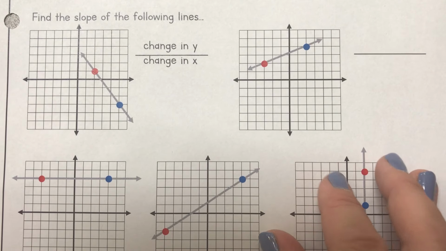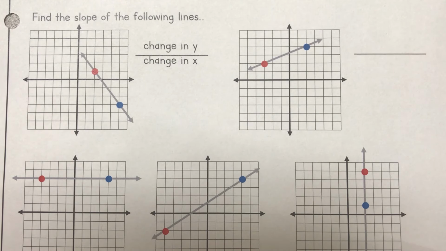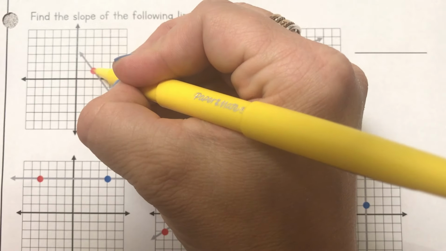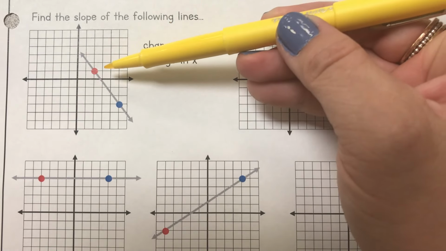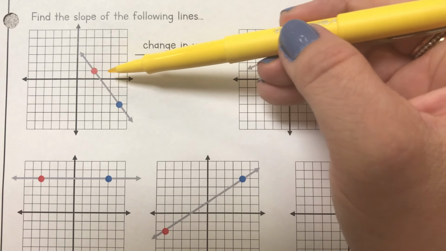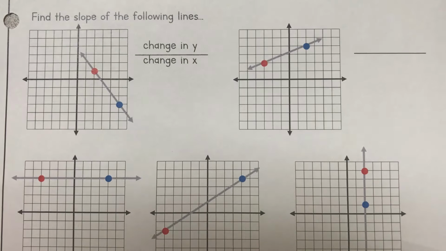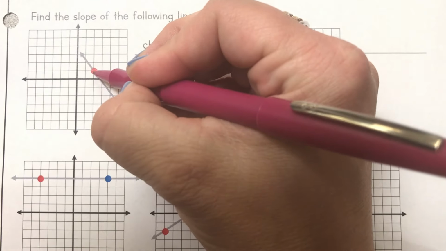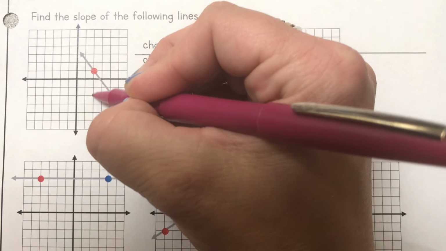So it says find the slope of the following lines. So change in y over change in x. So we're going to be Slope Dude, right? We always are starting on the left and we're going to the right. So he's starting over here on my red dot and he's going to the blue because we're going left to right. And I want to know how much is y changing, right? So think about where he has to move down the little squares.